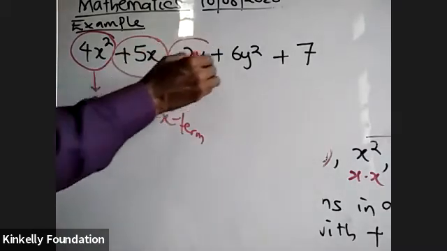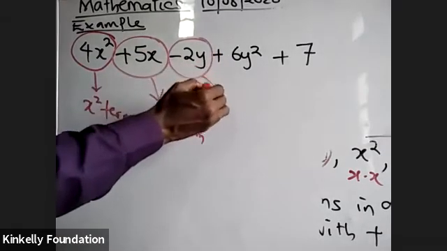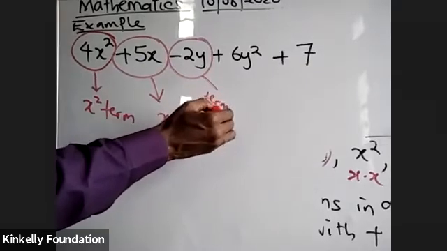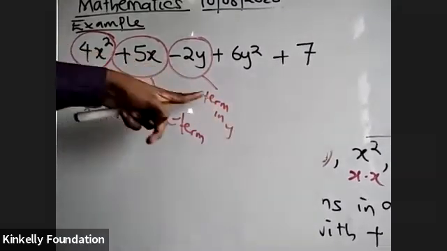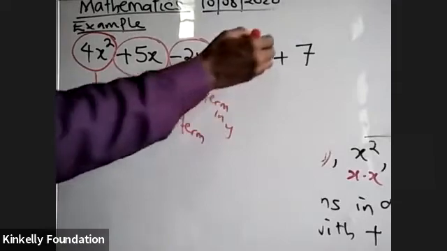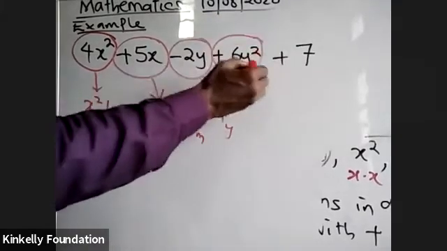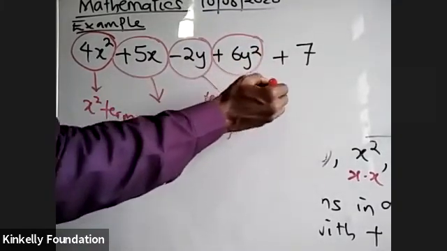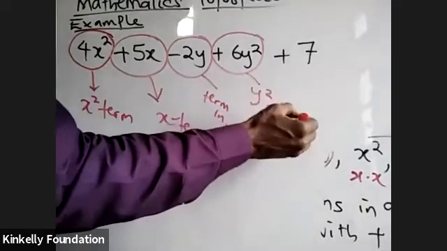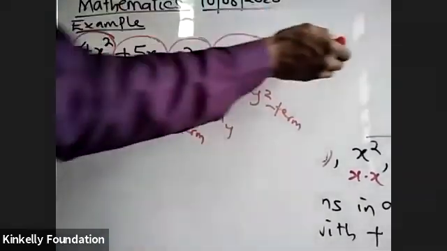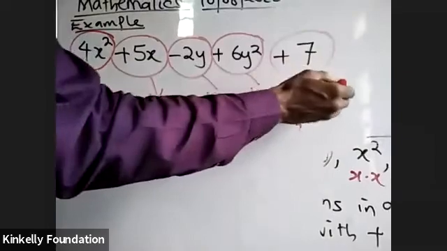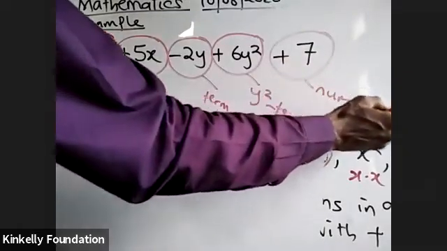This one is a term in y. Now, this one is a term in y squared. So that is a y squared term. And this last one is a number term.